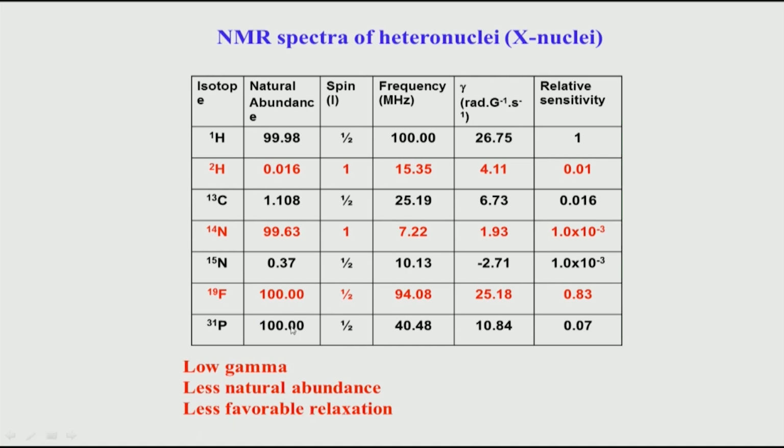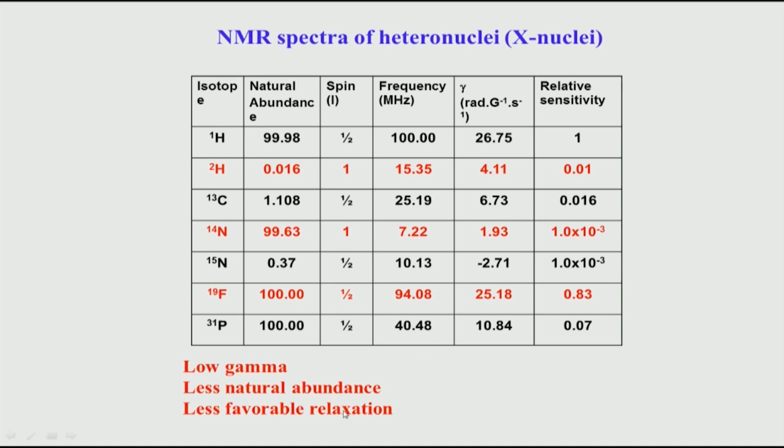In fact, for fluorine and phosphorus the abundance is 100%, but still we do not use them very often because of this additional problem of CSA induced relaxation even in the liquid state, and that scales with magnetic field. As you go to higher magnetic field, it becomes even less favorable compared to low magnetic field. For example, for phosphorus one does not go beyond a 500 megahertz spectrometer because the CSA induced relaxation is very high, and similar is the case with fluorine and nitrogen 15.